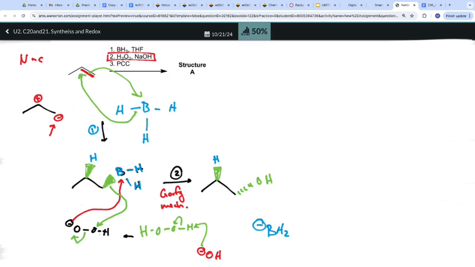Okay. Does that mechanism kind of look familiar? It's the one we did earlier. It's literally the exact same mechanism that we just did. Nothing's changed about it. Okay. What does that mean about where our OH should be? Should it be wedged or dashed?